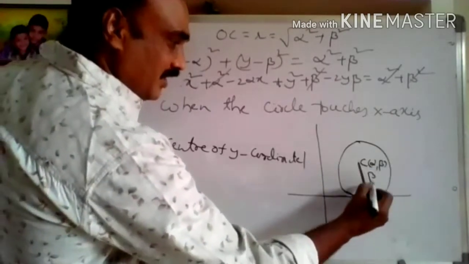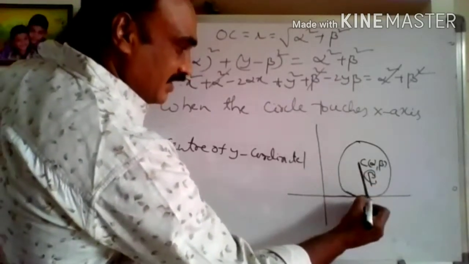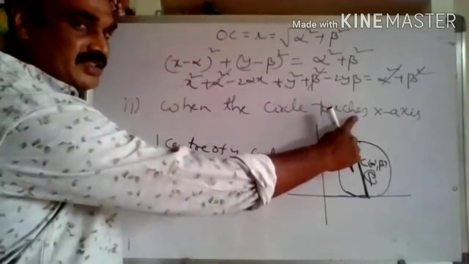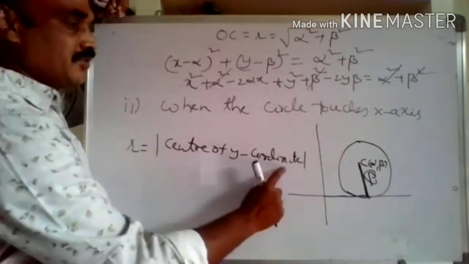So this distance is equal to y. Here the radius is equal to beta. When the circle touches the x-axis, the radius is equal to the mod of the center's y coordinate. Students, important point: when the circle touches the x-axis, suppose the center is (alpha, beta). So this distance is equal to beta, which is the radius of the circle.